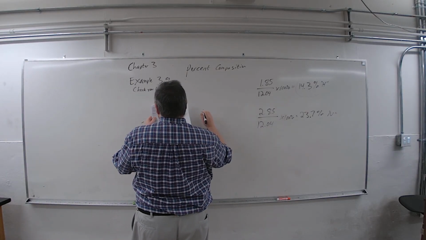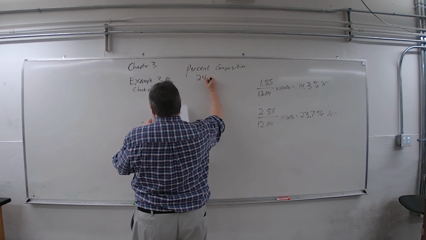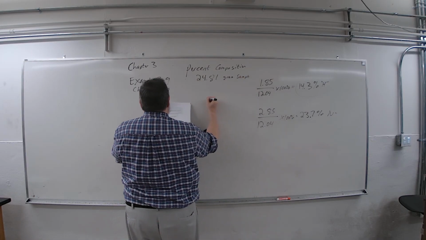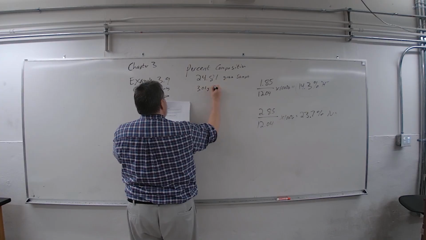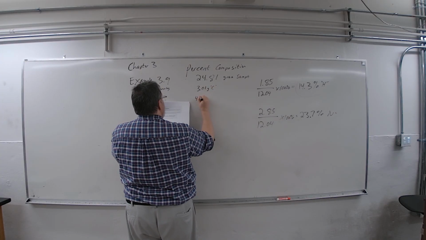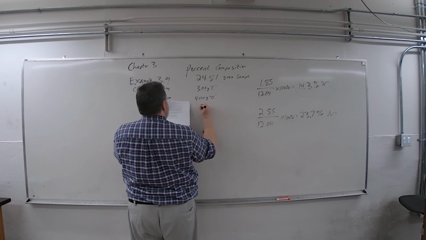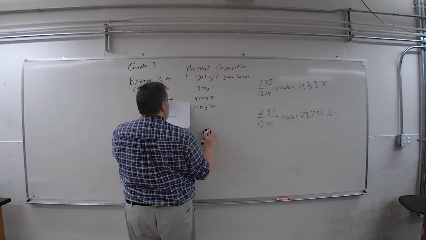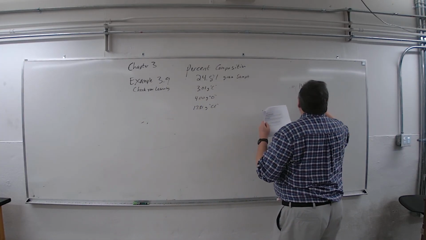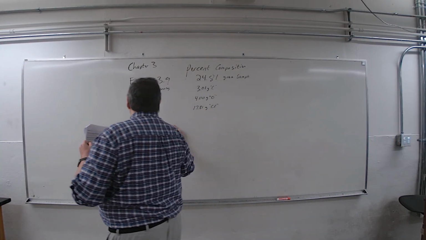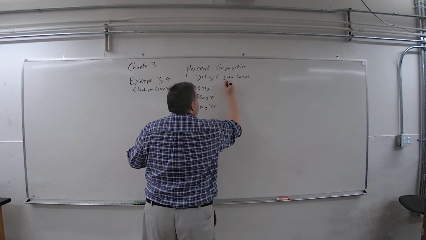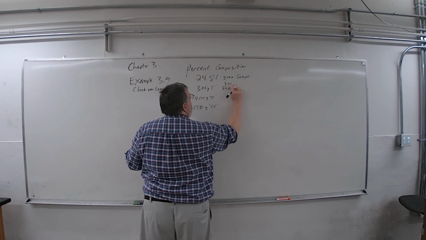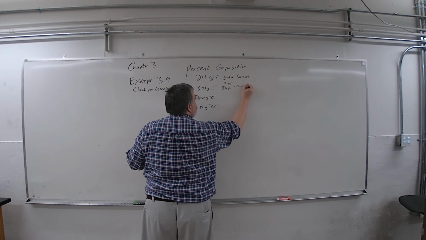Percent composition, another one. You just have a sample that's a total of 24.81 grams, and that sample is made up of 3.01 grams of carbon, 4.00 grams of oxygen, 17.81 grams of chlorine. So what's the percent composition of each? For carbon, 3.01 over 24.81 times 100%.